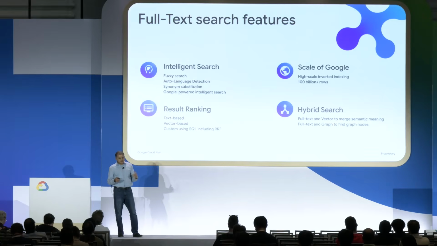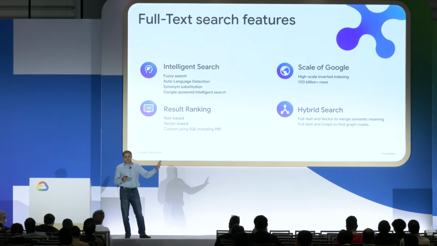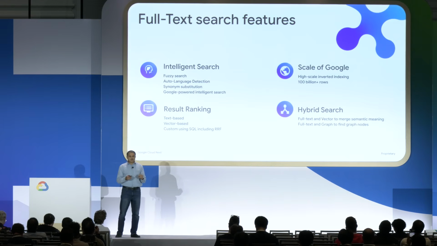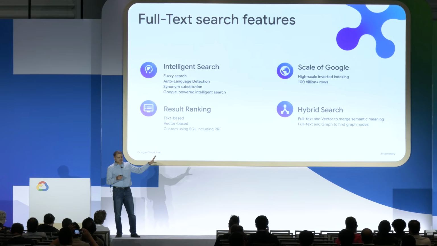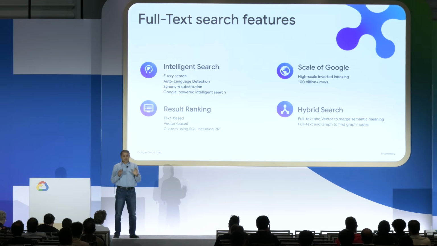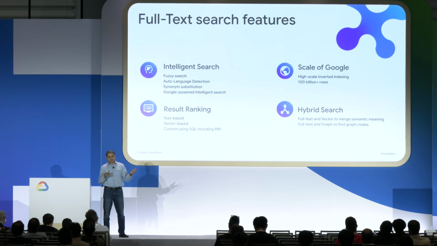All right, so let's go into each of these components in some detail. For full-text search, obviously this is the standard token-based search that many of you are familiar with. You can define a tokenization of specific data in your Spanner table, and we will build the inverted index and allow you to search on it. But on top of this, we have built some additional interesting capabilities. So your search can really be intelligent. We have features like fuzzy search, which allows you to search with spelling mistakes and get around different ways of spelling things.